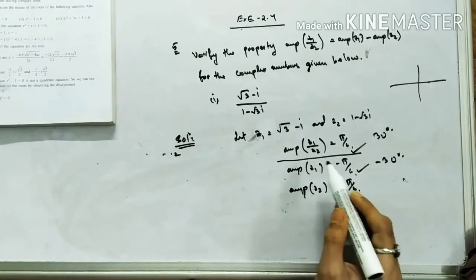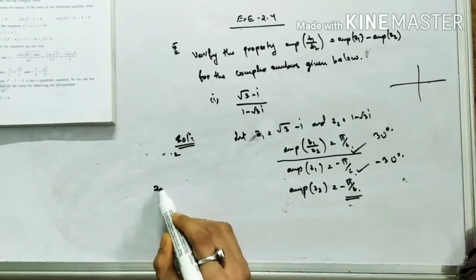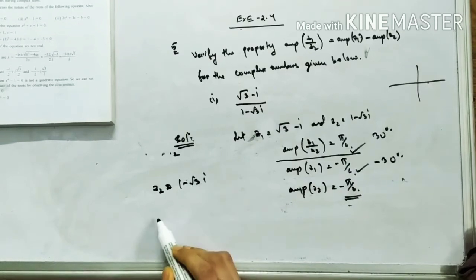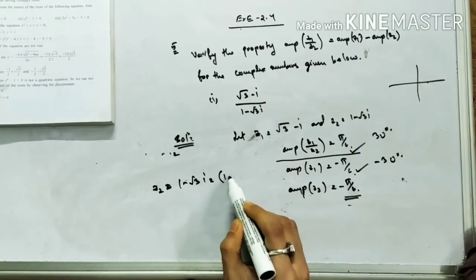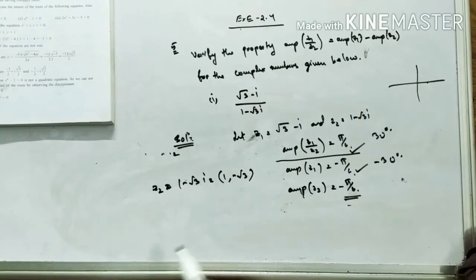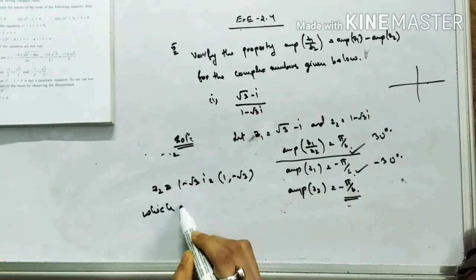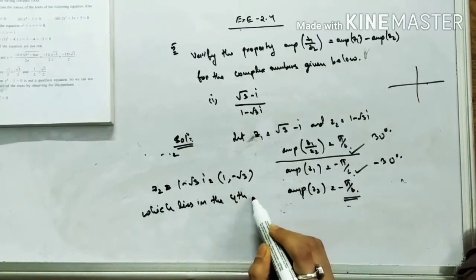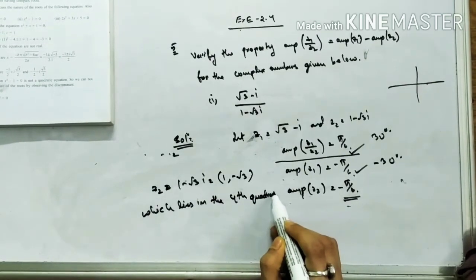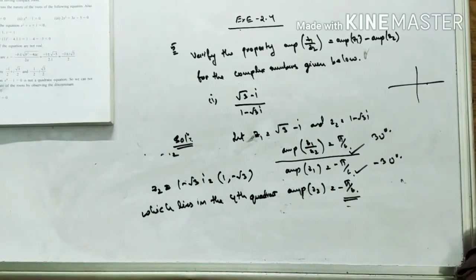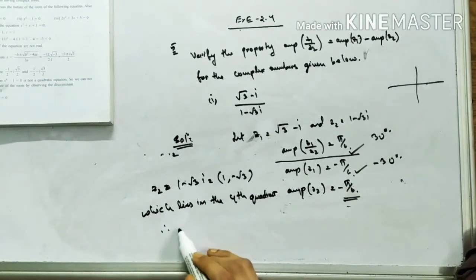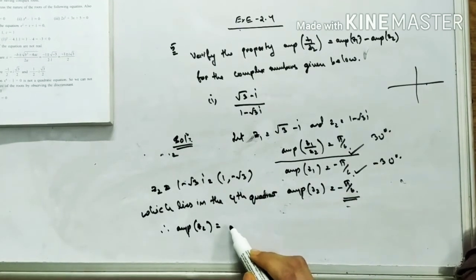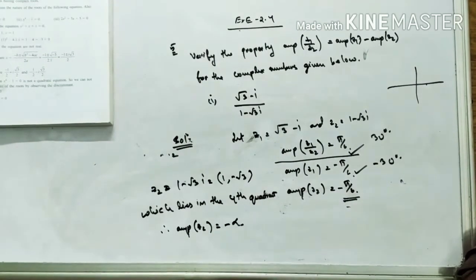Now here you see Z2 is equal to 1 minus root 3 i, which is (1, minus root 3). This point lies in the fourth quadrant. Understand? So therefore amplitude of Z2 will become minus alpha.